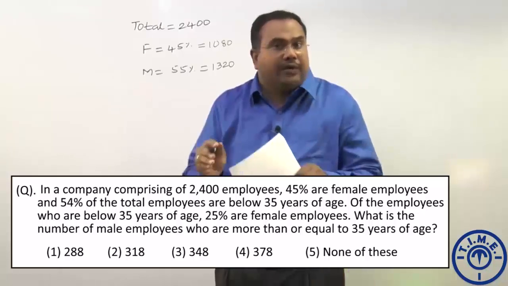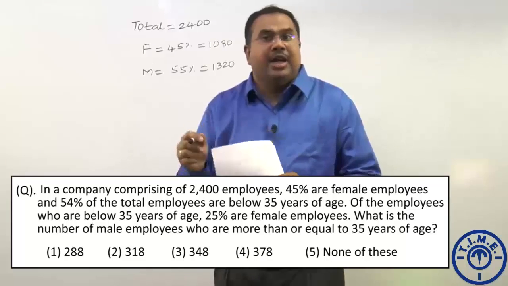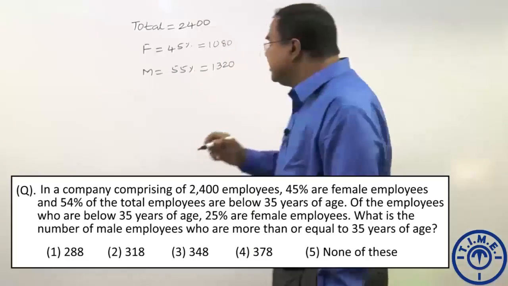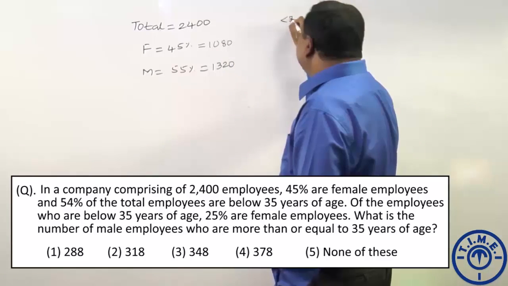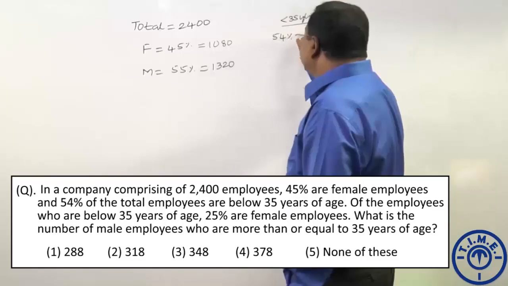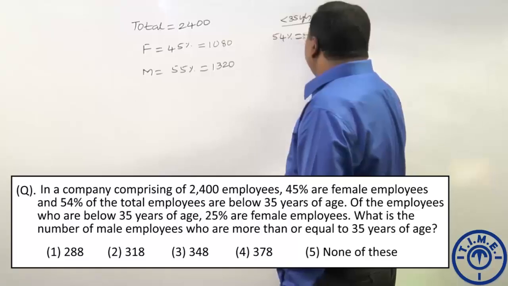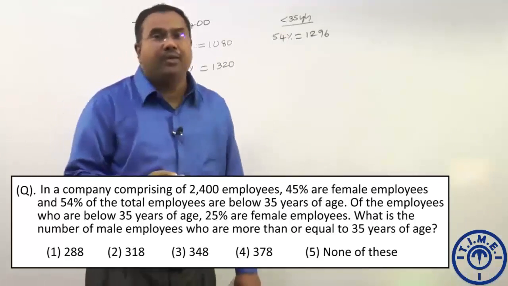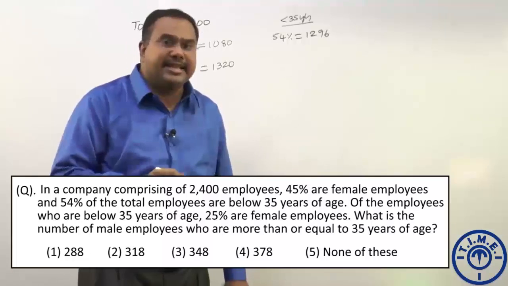Now, out of total employees, he has given 54% are less than 35 years. 54% of total employees, that is nothing but 1296. 54% of 2400, that is 1296.